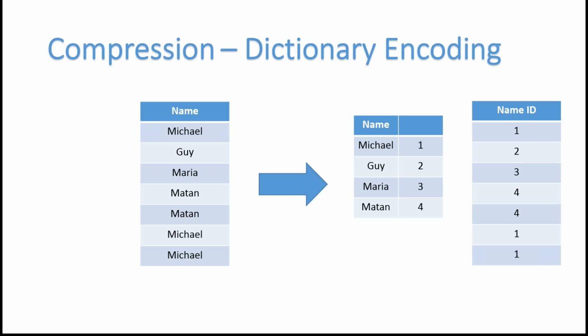Another way is something called dictionary encoding. What this basically does is a kind of normalization, if we can call it that. So Michael will get ID of 1, and Guy will get ID of 2, and Maria 3, and Matan 4, and then we just store the IDs.